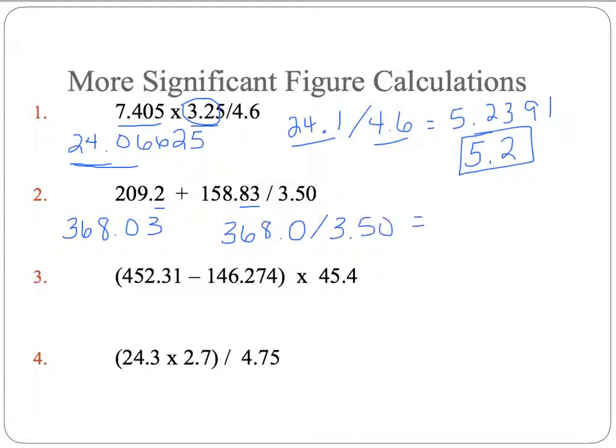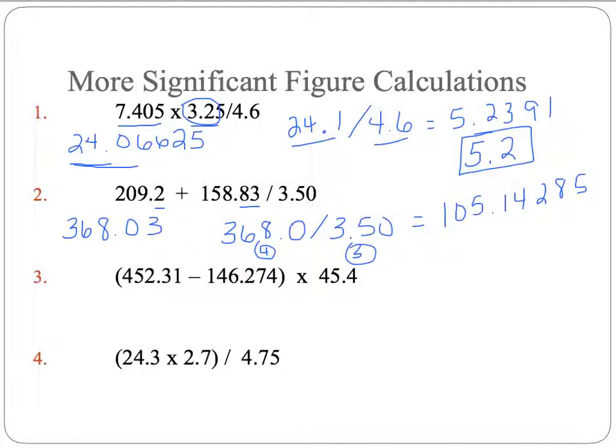Now I can take that number and divide it by 3.50. So 368.0 divided by 3.50 gives me 105.14285, and I'm going to go ahead and stop there. So now I'm dividing over here, so I need to look at how many significant figures. This number right here has 4 significant figures. This one has 3.